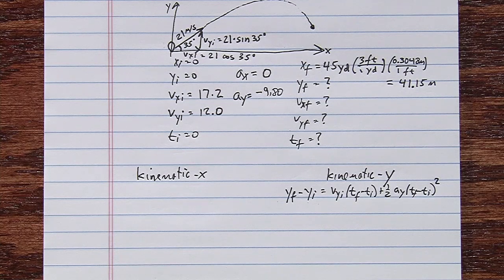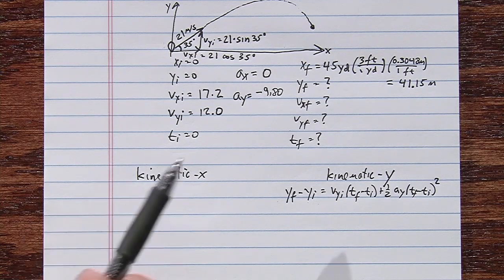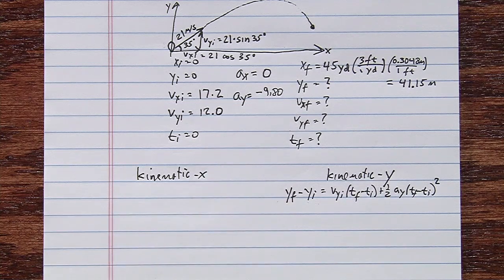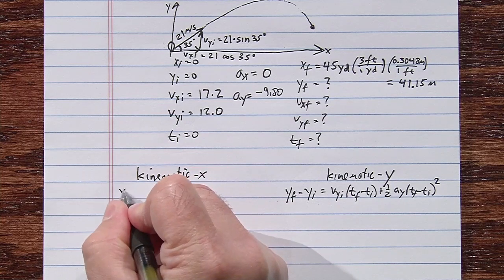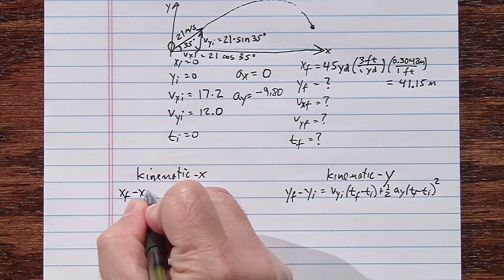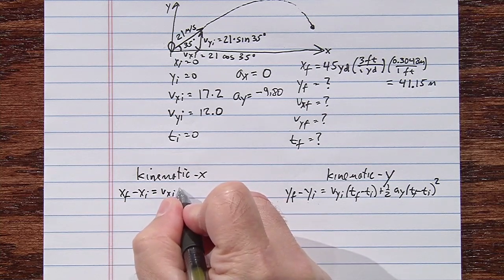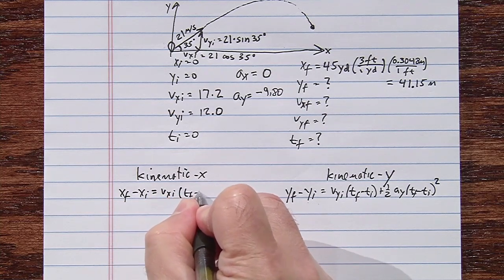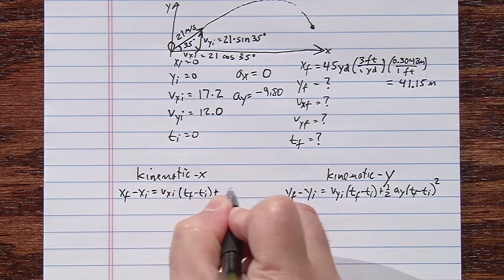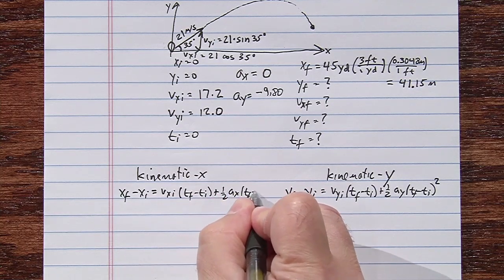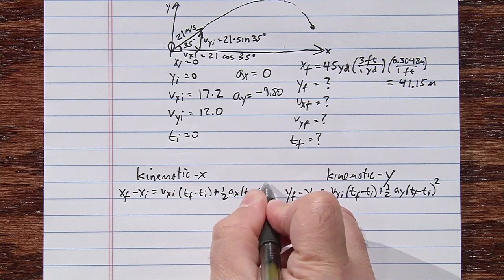So with our X equation, we want to find T final, and we're not interested in Vx final. And that would be the same equation. X final minus X initial is equal to Vx initial times T final minus T initial plus 1/2 Ax times T final minus T initial squared.